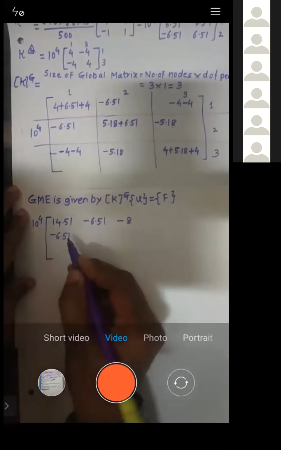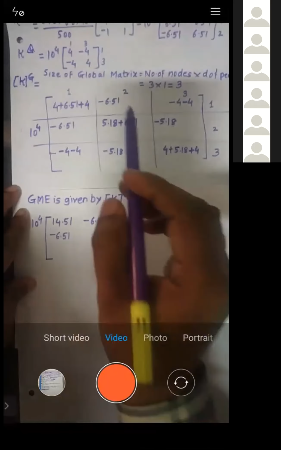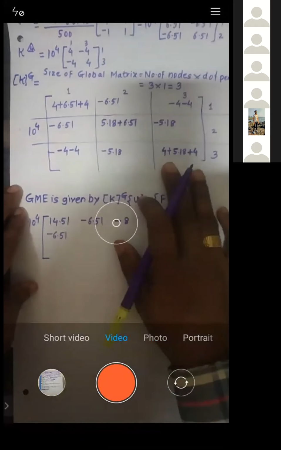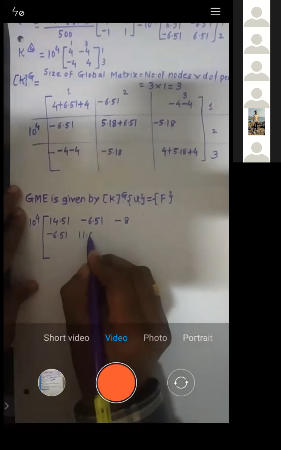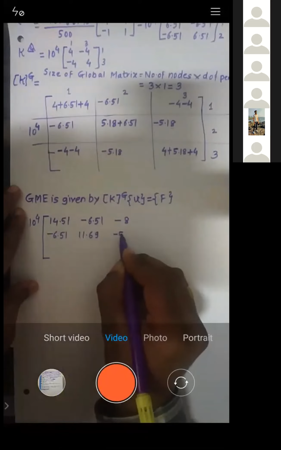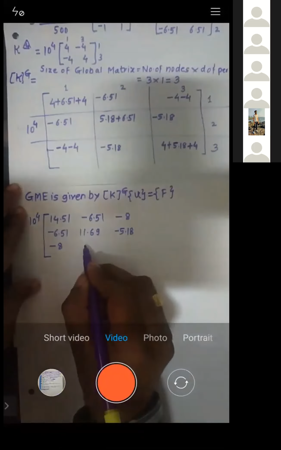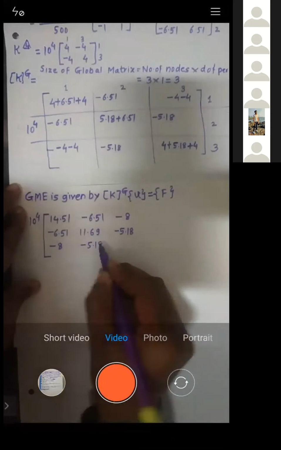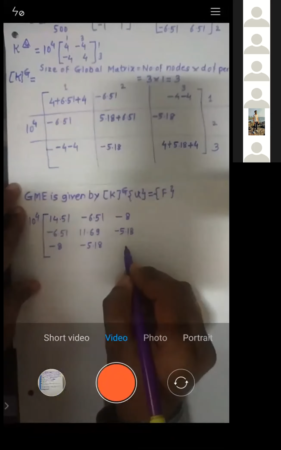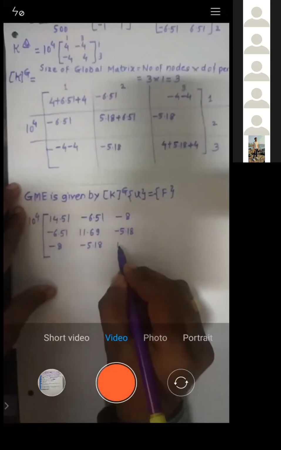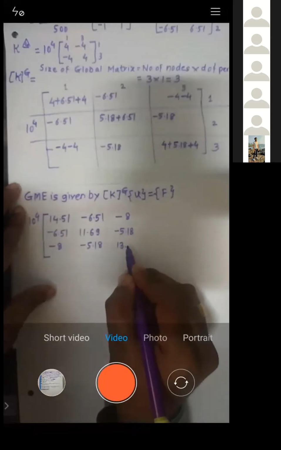Tell me this value. 5.18 plus 11.69, how much? 11.69 minus 5.18, minus 8. Tell me this value. 13.18.